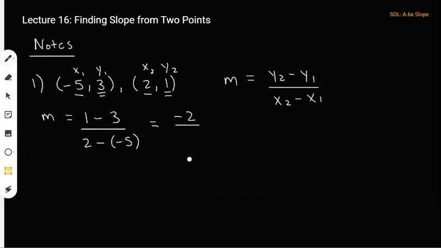So it's actually 2 plus 5. And that's going to give us 7 at the bottom. So this is going to be our answer, -2/7. It's a fraction, but more specifically, it's a reduced fraction, which means we can't reduce it down anymore. It's already in simplest form.